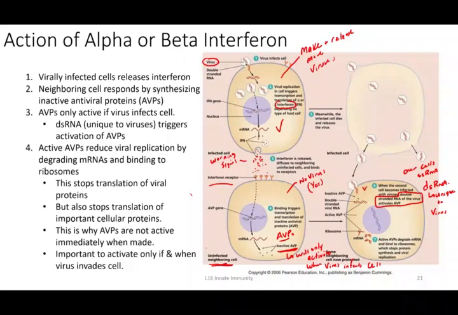So if a virus does enter, and more specifically, there's double-stranded RNA, that's going to cause the AVPs that were inactive to now become active AVPs. And now we can look at what is the function of active antiviral proteins.